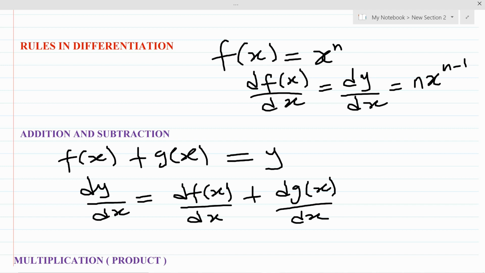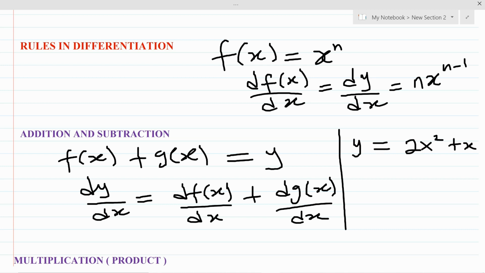After differentiating each and every function, an example is, if I have y is equal to, let's say, 2x squared plus x. You see, they are just separated by addition.